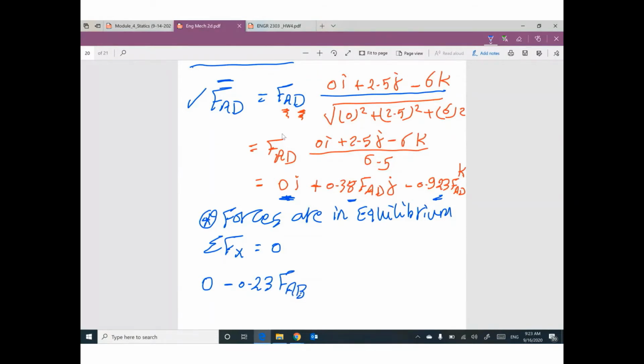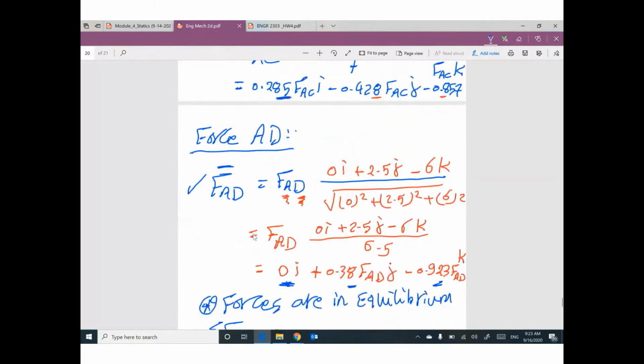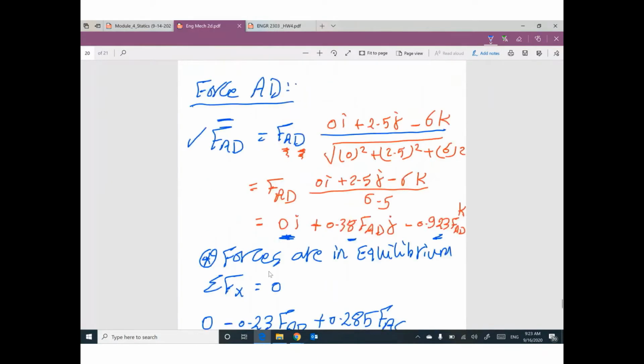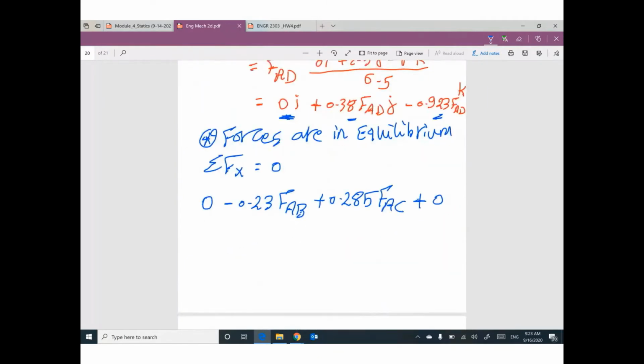For the third force, we have positive 0.285 FAC. The fourth force, FAD, we have 0. X component plus X component plus X component plus X component, all of them equal 0. Equation number 1.